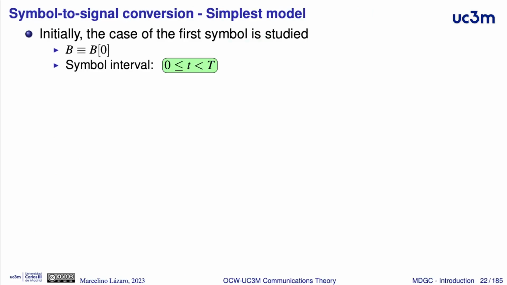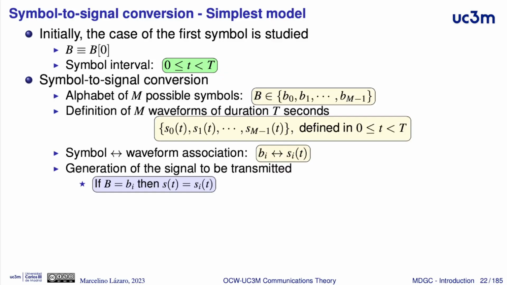And now we are going to see how the signal is generated. We will start with the first symbol, the symbol at discrete instant 0. The corresponding symbol interval is the interval between 0 and the symbol duration T. There are capital M symbols in our alphabet of possible symbols, every possible block of n bits per symbol, B0, B1, up to B M minus 1.